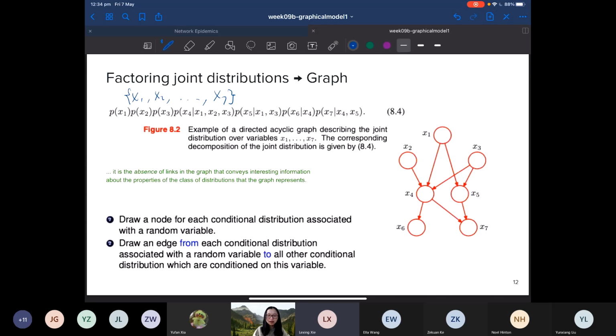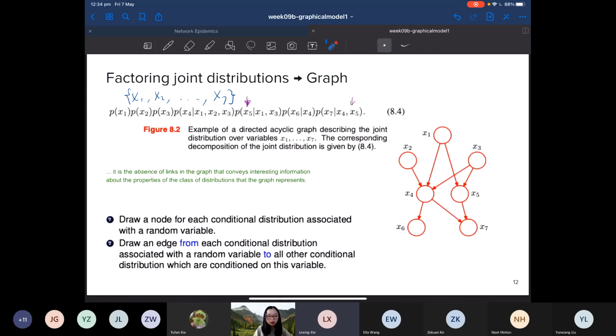What this means is basically we take any node, let's say x5, and we look at which other nodes are conditioned on x5, right? Here, only x7 is conditioned on x5. So now we know there is a link from x5 to x7. So that's good, right?